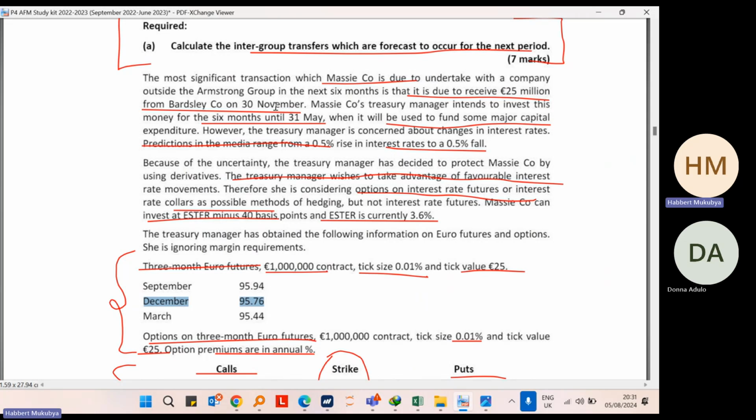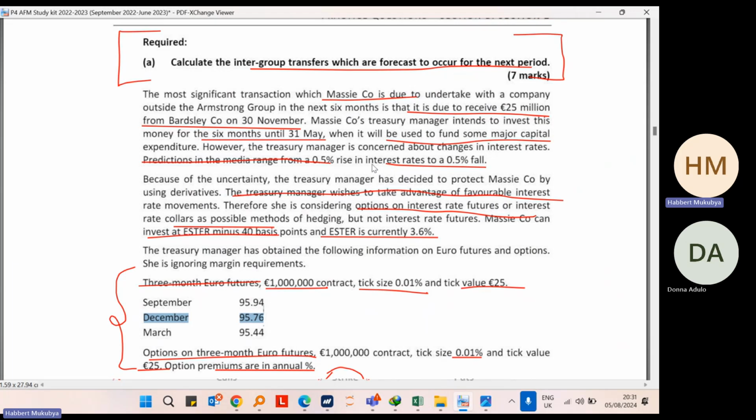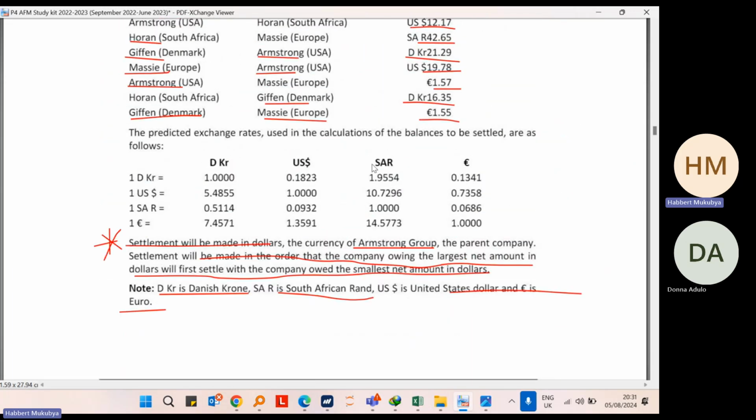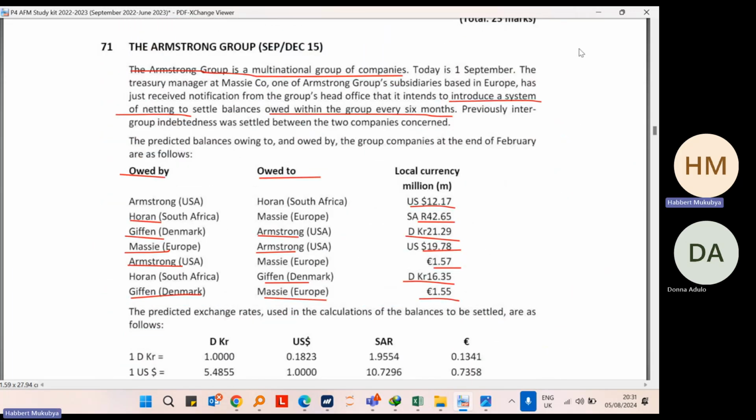But we need to know which date it is, so that we can know how many months in total. They normally give you the date. It's 1st September. So September, October, November, December.